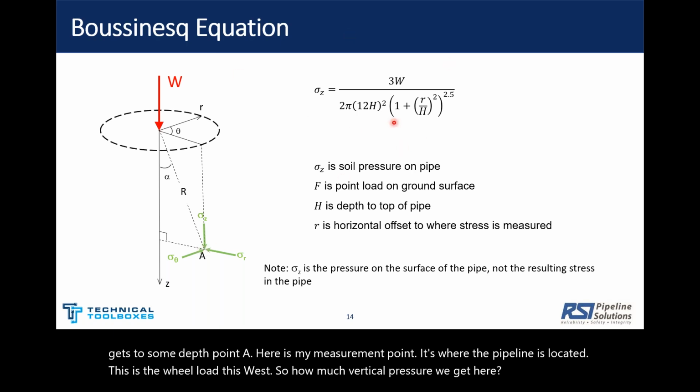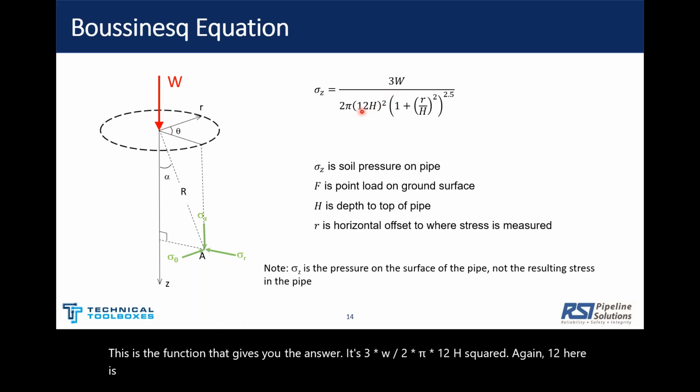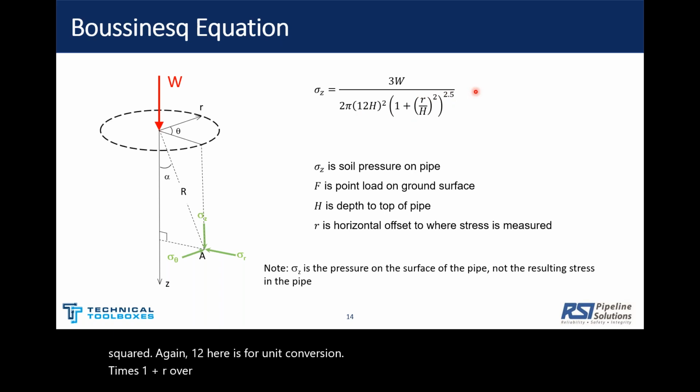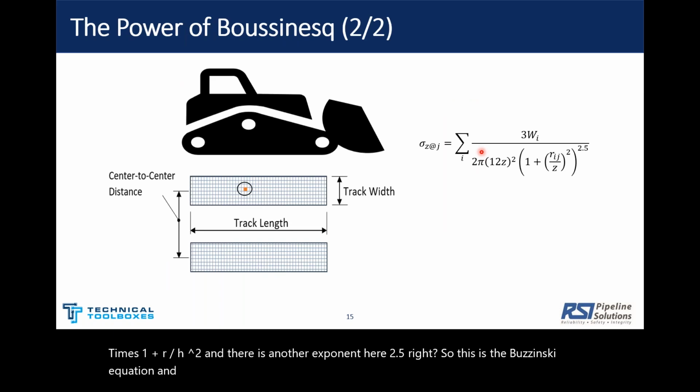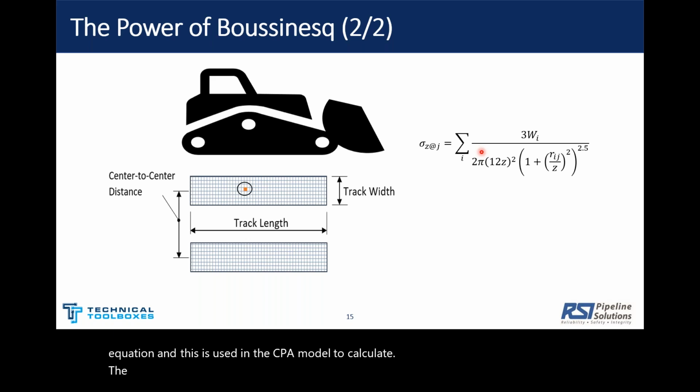This function gives you the answer: 3 times W divided by 2 times pi times 12 H squared, where 12 is for unit conversion, times 1 plus R over H squared, with another exponent here, 2.5. So this is the Boussinesq equation, and it is used in the CEPA model to calculate the soil pressure from the vehicles.